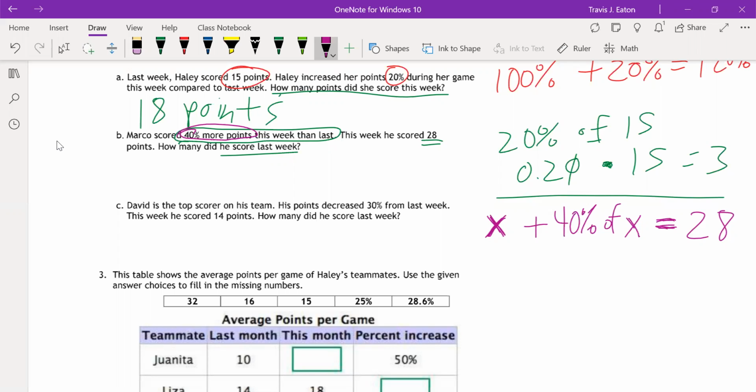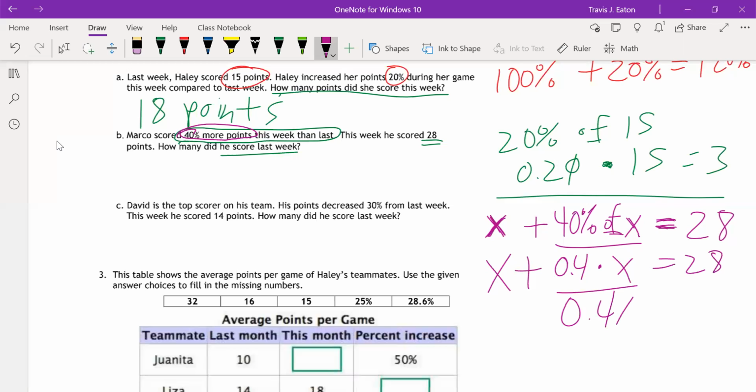Now, 40% of x can be rewritten as an equation, right? 40% would be 0.4, of is multiply, and x. Okay. So now we have x plus 0.4 times x equals 28. And 0.4 times x is 0.4x.